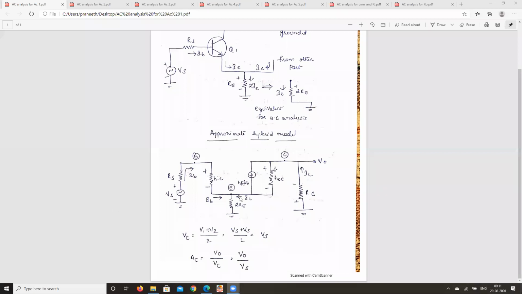We know that common mode gain is defined as V naught by Vc, the ratio of output voltage to the common mode input.